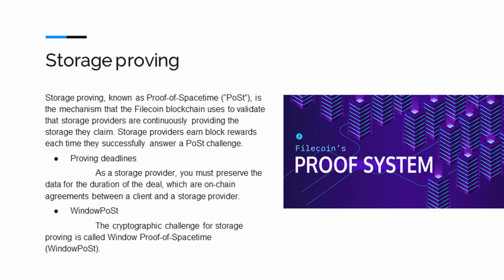Window proof of spacetime. The cryptographic challenge for storage providing is called window proof of spacetime. Storage providers have a deadline of 30 minutes to respond to this window proof of spacetime challenge via a message on the blockchain containing a ZK-SNARK proof of the verified sector.